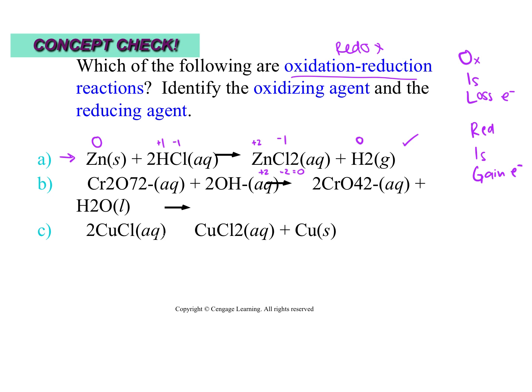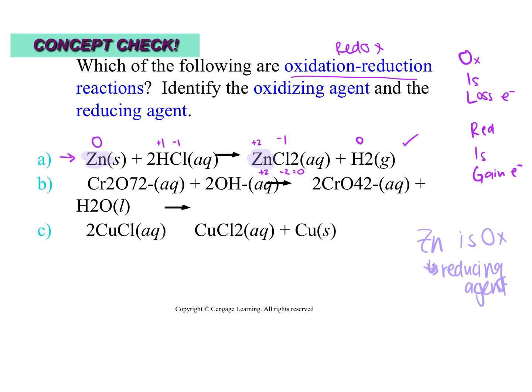Let's look at zinc first. Zinc went from 0 to +2. So what happened to it? Zinc lost electrons, so zinc is oxidized, which means it is the reducing agent.